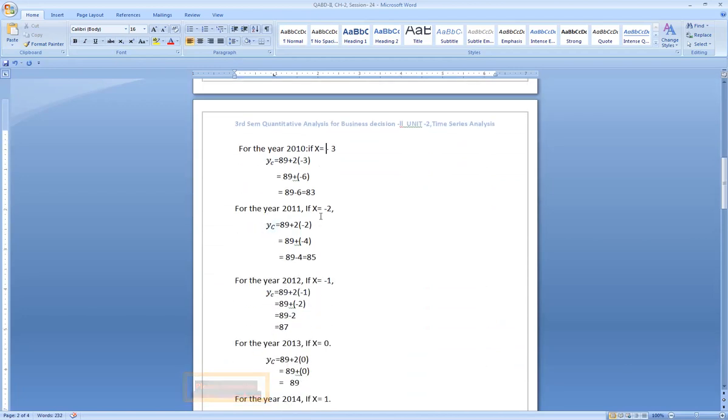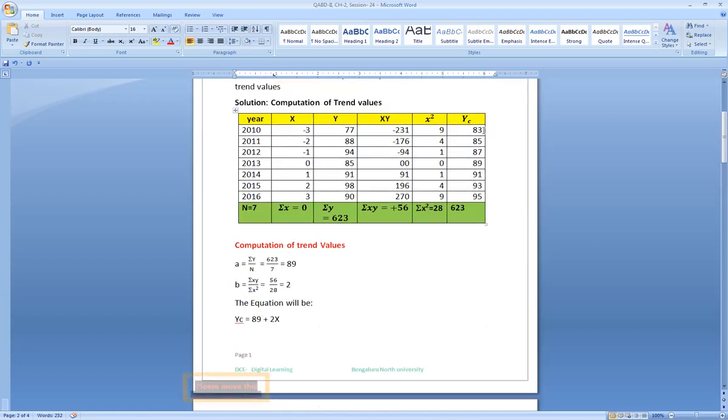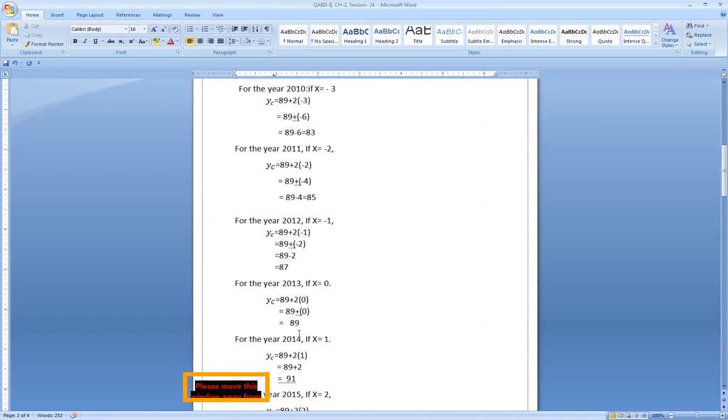And for the year 2011, this value 83 we have written in the last column here. For the year 2011, the x value is minus 2. Let us substitute in yc equals a plus bx. A means 89 plus b means 2 into minus 2. 89 plus into minus is minus, then it will become minus 4. 89 minus 4 is nothing but 85.